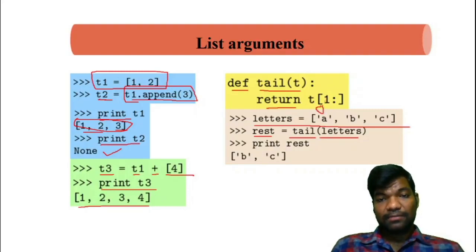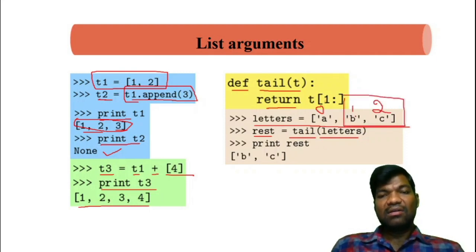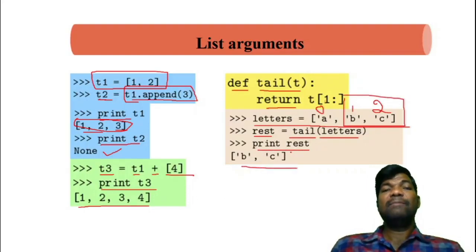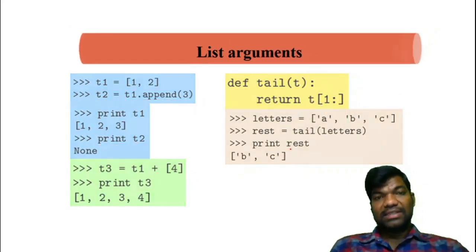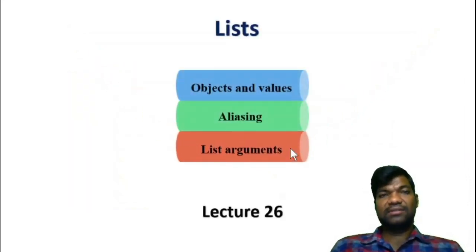This is index 0, this is 1, this is 2. That's why B comma C are assigned to rest. When you print rest, you will get B comma C. Like that, we will use the argument concept. That is the concept of list arguments.